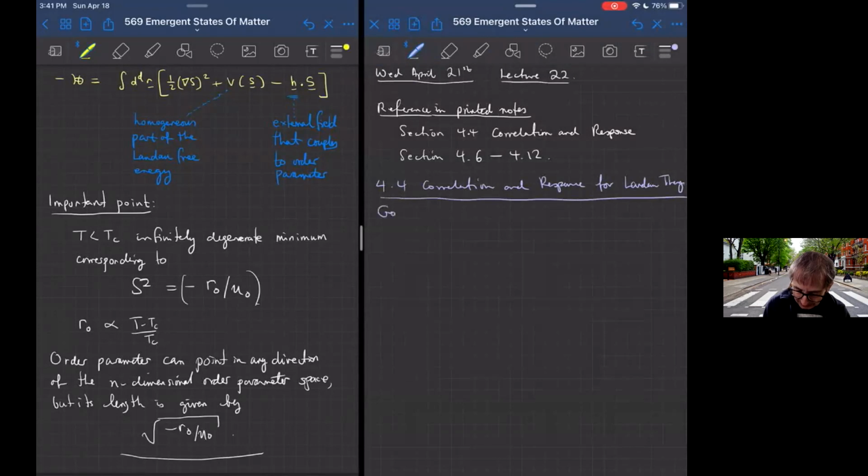And my goal in this section is to explain how to compute correlation functions, and what information they tell you.